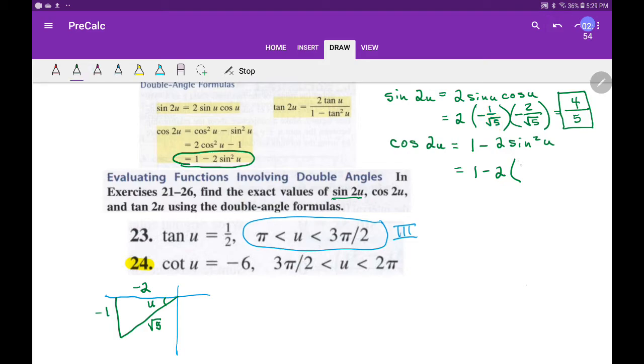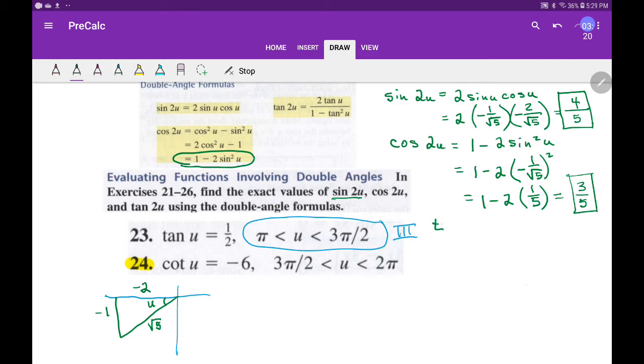I could find it again, but it's this squared. Well, that's going to be the same thing as 1 minus 2 times 1 over 5, right? And if I say 1 take away 2 over 5, I'm going to get 3 over 5. So cosine 2u is 3 over 5.